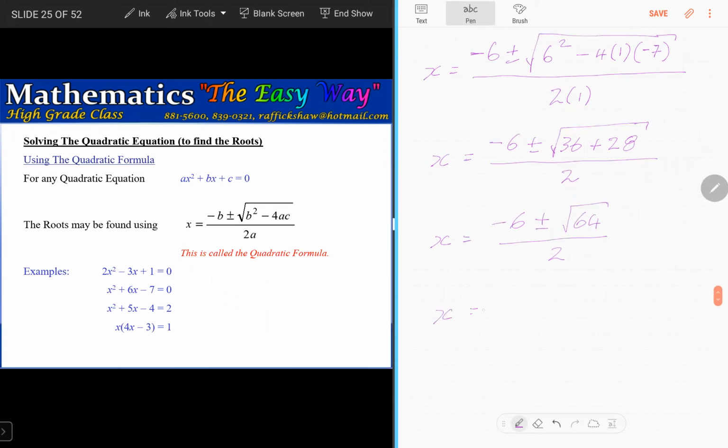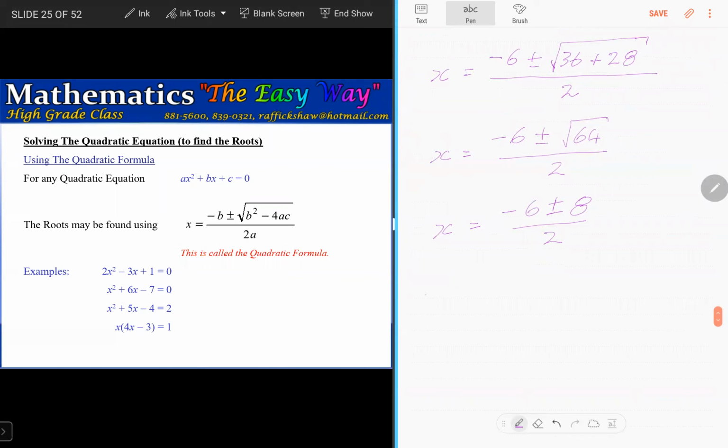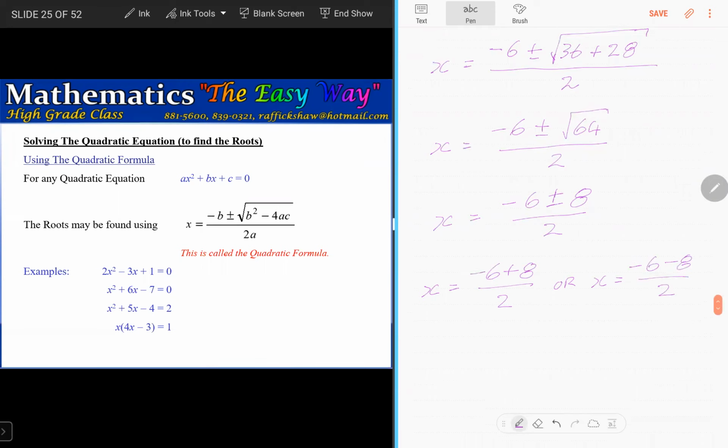So x equals minus 6 plus or minus 8 all over 2. And now you're going to get one root with the plus and one root with the minus. You're going to get x equals minus 6 plus 8 over 2, or x equals minus 6 minus 8 over 2. All right, I'm going step by step for you.